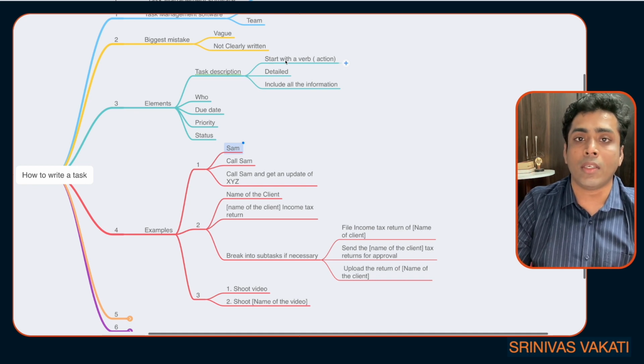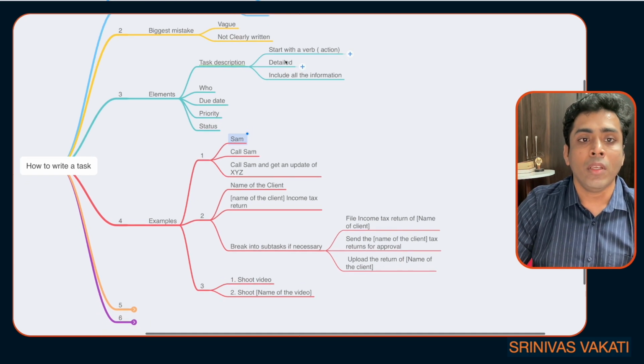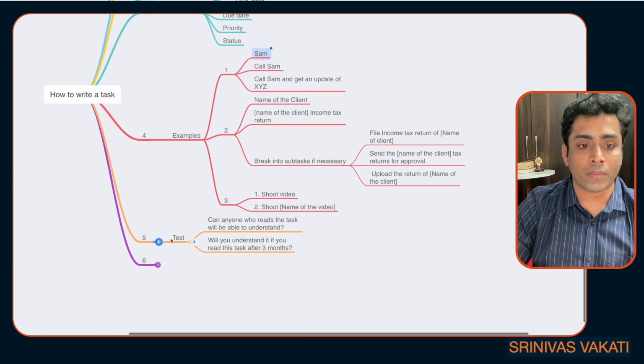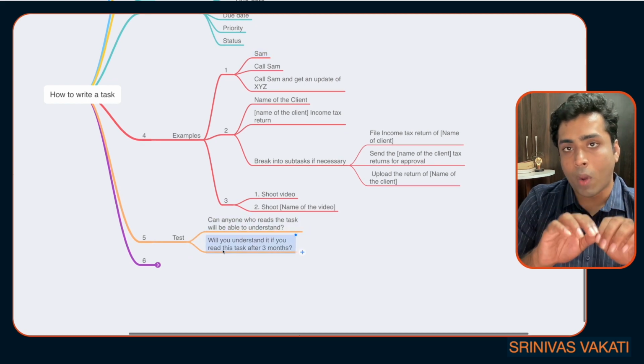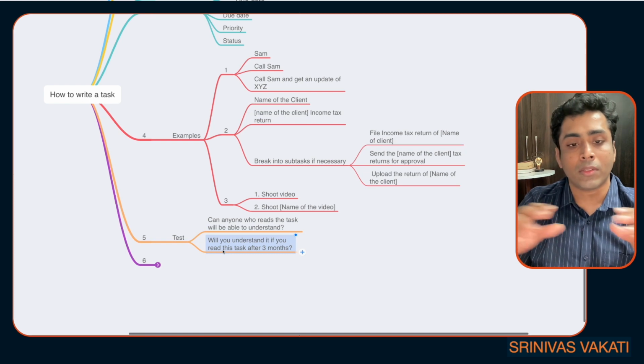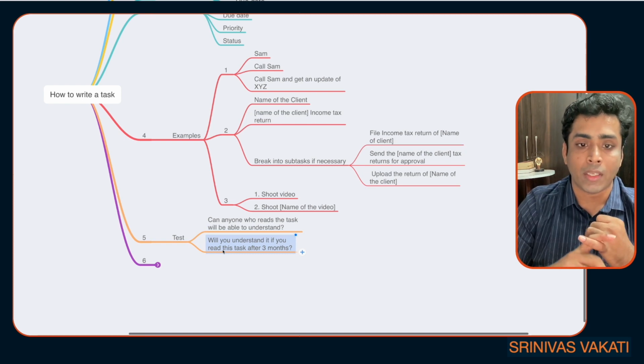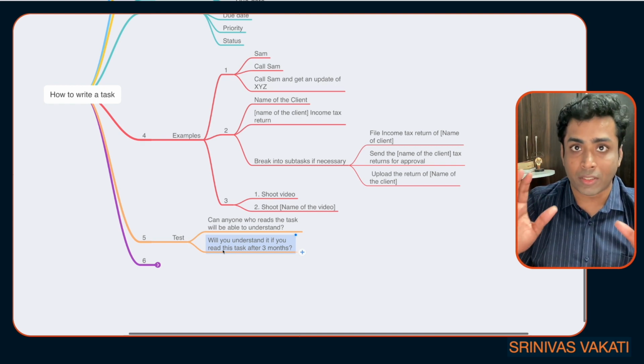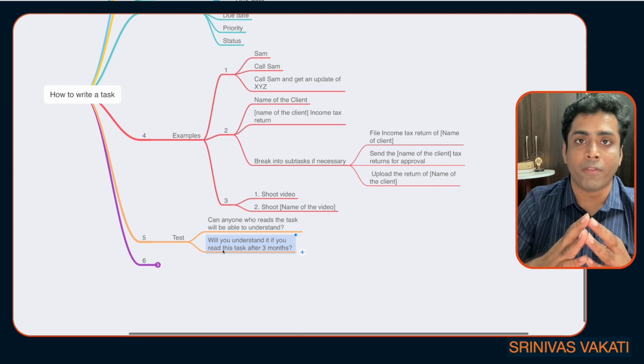So how to know if the task that you have written is proper or not? I want you to ask yourself these two questions. Once you finish writing the task, the first question you can ask is, can anyone who reads this task be able to understand? If the answer is yes, you have done an incredible job.